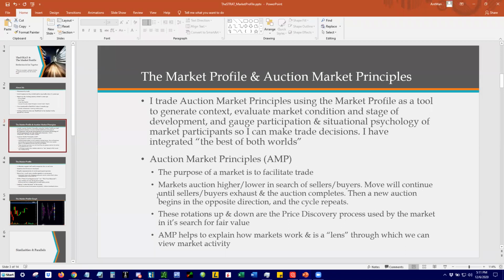So it does help. What I will say is there is a way to determine whether a certain move was just a stop run, or if it's a bigger move in that direction. It's a little bit outside the scope of this presentation, but for those that really decide to take this up, there are ways to see that information happening in real time.